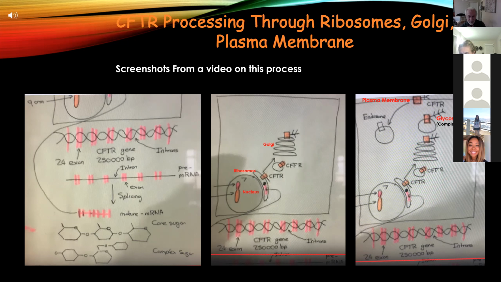So a major part of what he talks about is this decoration where sugars get added in the Golgi, and ultimately after the sugars are added, it gets put into the plasma membrane. And he talks a lot about core sugars and complex sugars. The core sugars are single chains unbranched of monosaccharides. The complex sugars are branched.